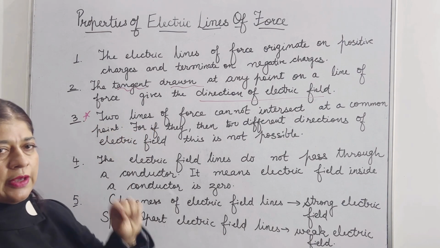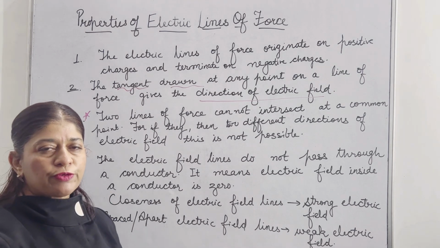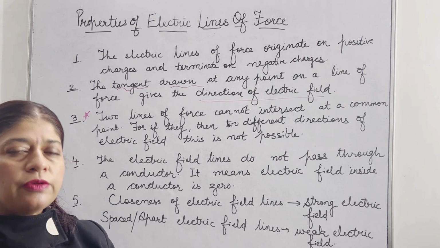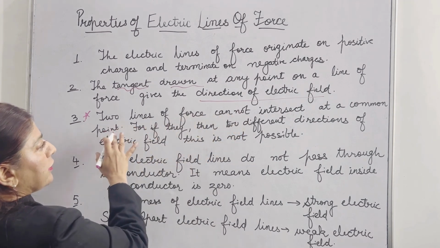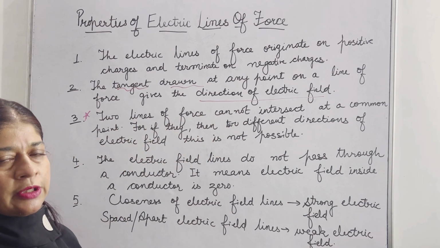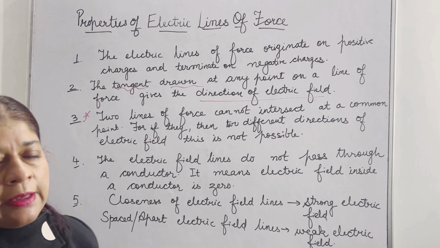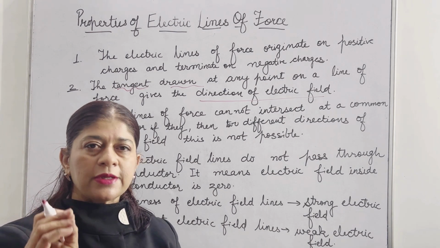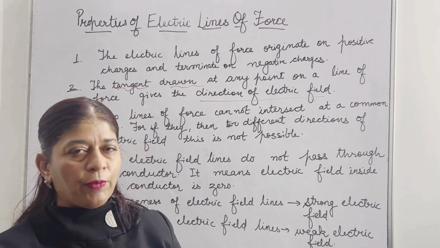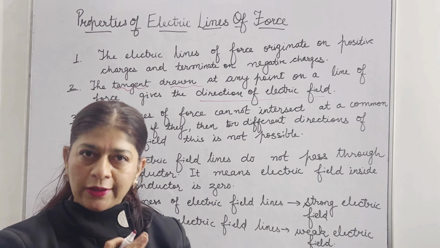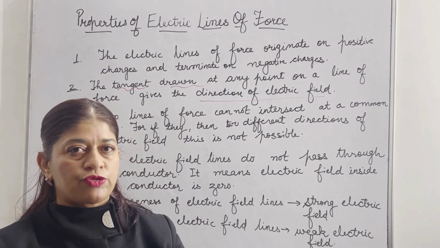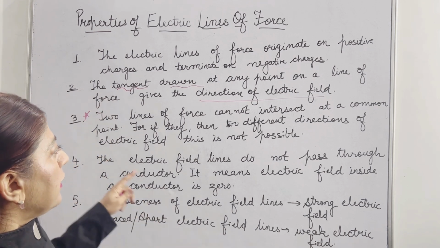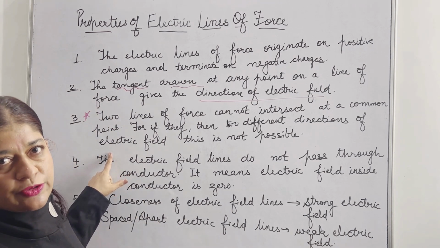Why have we drawn those lines of force so that none of them is intersecting each other? The lines of force cannot intersect at a common point. What is the reason behind this? Because the direction is given by the tangent drawn at any point, if two lines cross, then two tangents will be drawn at that point, and they would give two directions of the electric field.